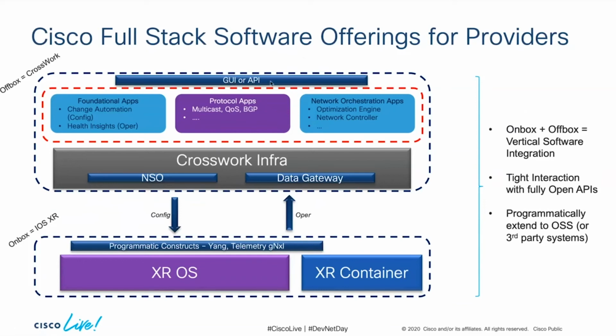You can programmatically extend this. You can go ahead and connect this to your OSS, or if you have third-party systems, you can go ahead and make that work. Now, you're going to have a lot of options in the years to come where you can choose any of these apps, but the key thing to remember is this red box. That's the most important piece.